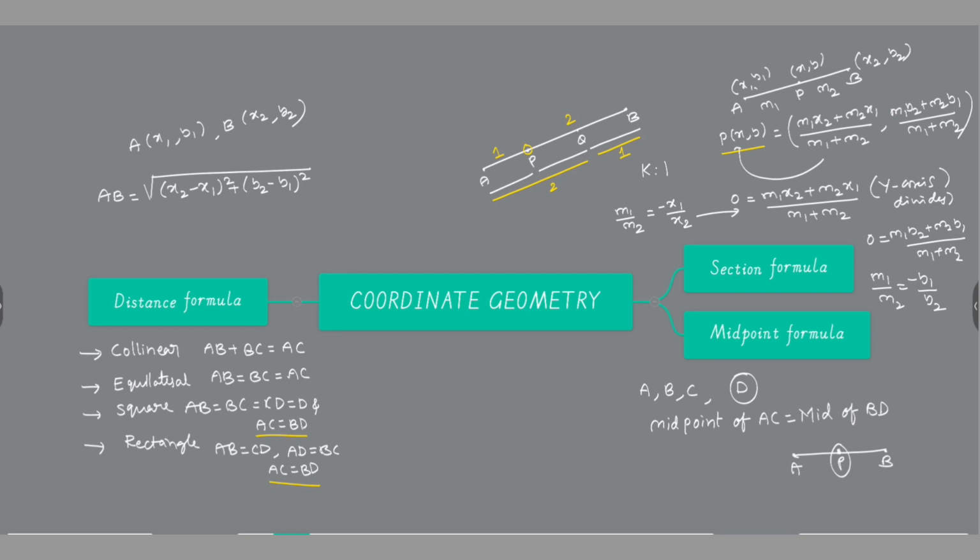Hope this helps you a lot to connect the question in the exam to the correct topic. Most of the students confuse and do not understand which formula should be used or which concept it is related to. If you are perfect in this mind mapping, when you see the question, first you will connect the question to the chapter, and then from the chapter to which topic it is: distance formula, section formula, midpoint formula, nth term, sum of n terms.